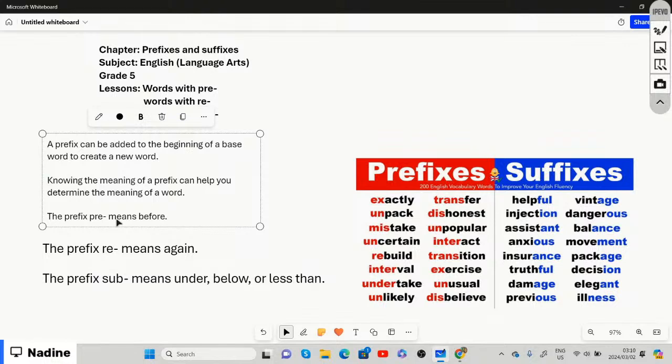Then we have the prefix sub, and the meaning of sub is either under, or below, or less than. So these are the words that we are going to be focusing on, which is the meaning of prefixes with pre, re, and sub.